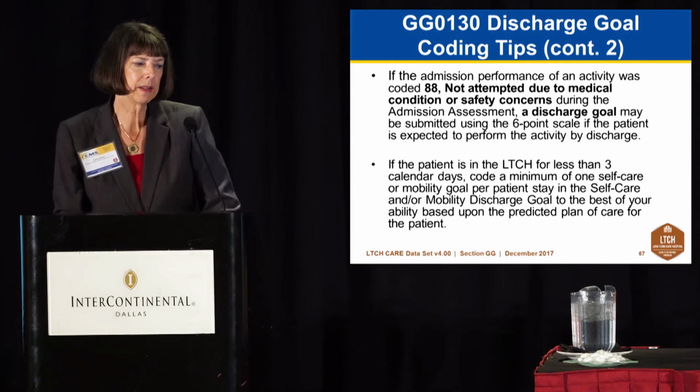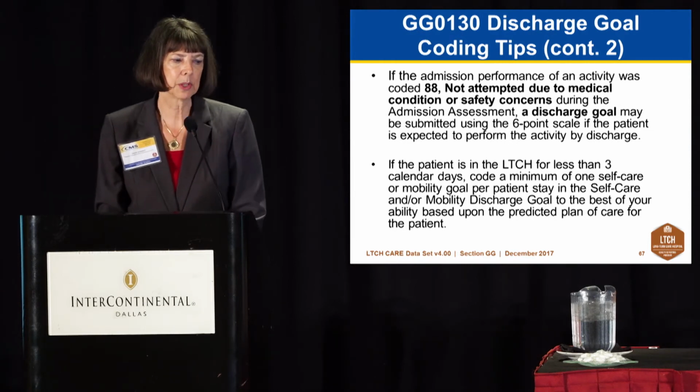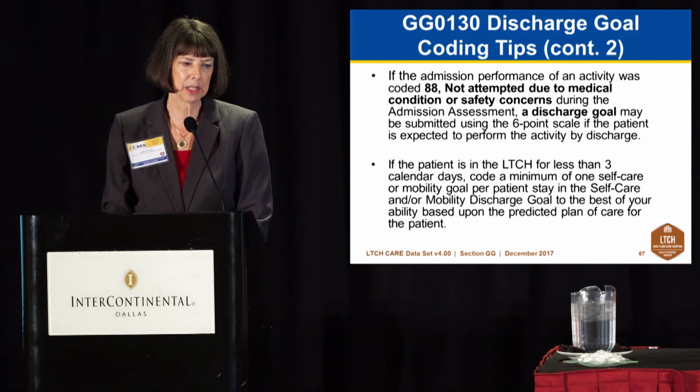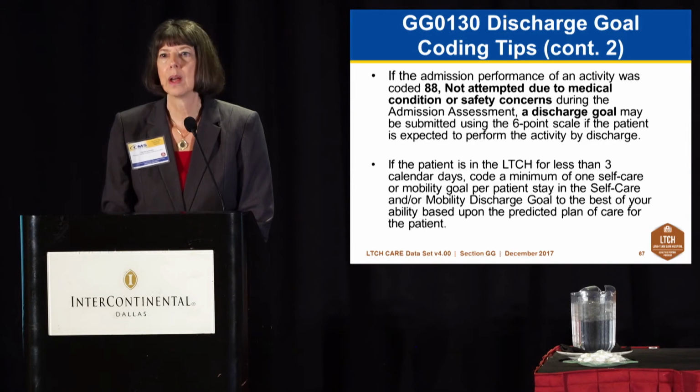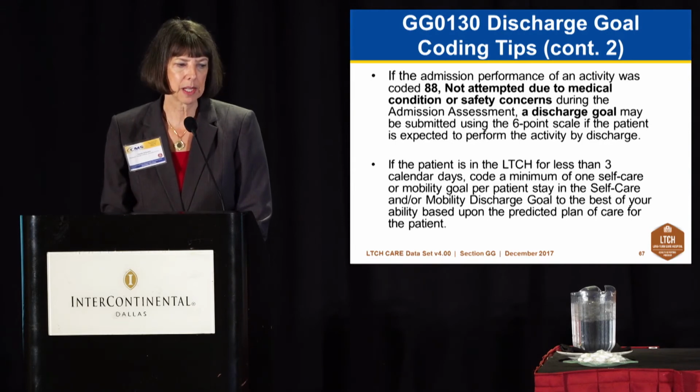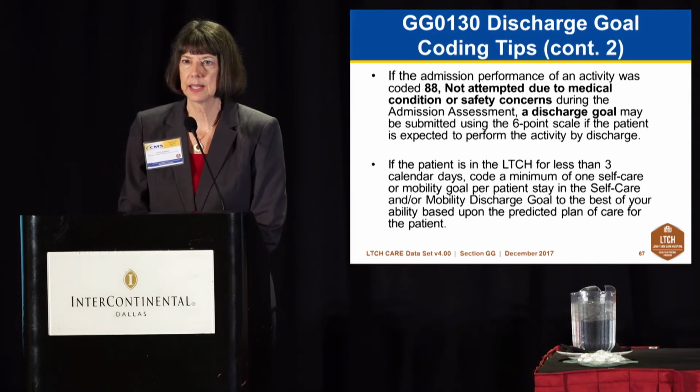So if the admission performance of an activity was coded 88, not attempted due to medical condition or safety concerns, during the admission assessment, a discharge goal may be submitted using that 6-point scale.